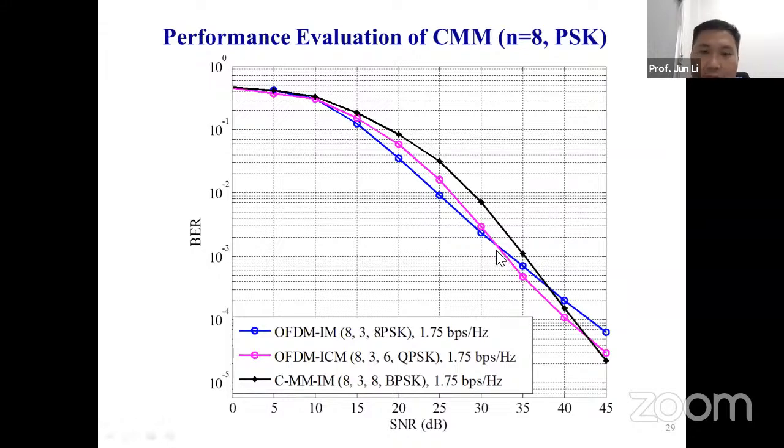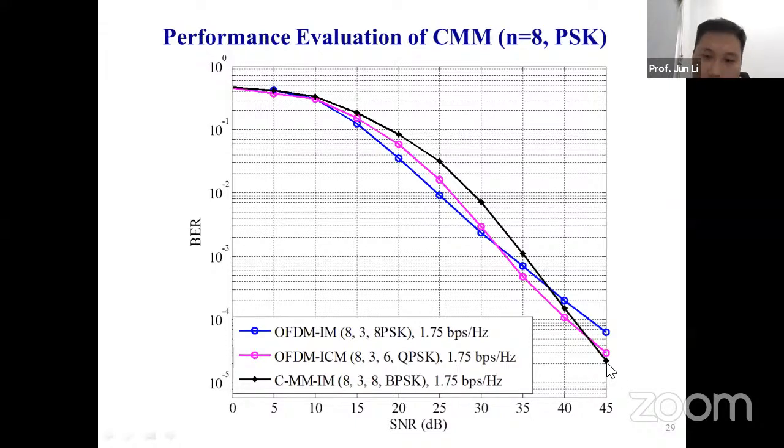The reason is that in the low SNR region, the subcarrier activation pattern, the power allocation pattern, and the constellation permutation pattern are very easy to get in error. So in the low SNR region, the BER performance of composite multiple mode IM is worse than these two schemes.